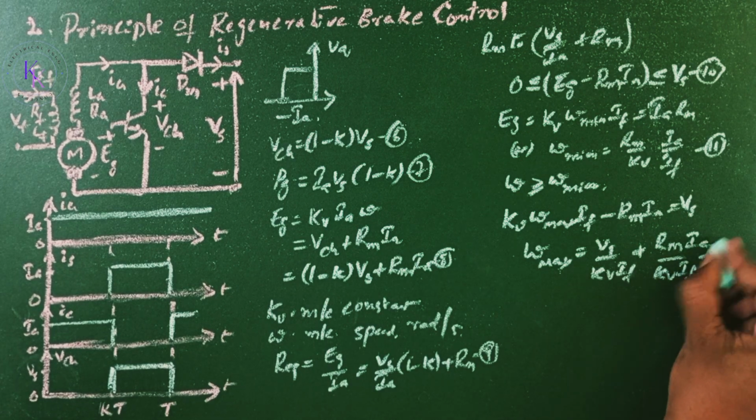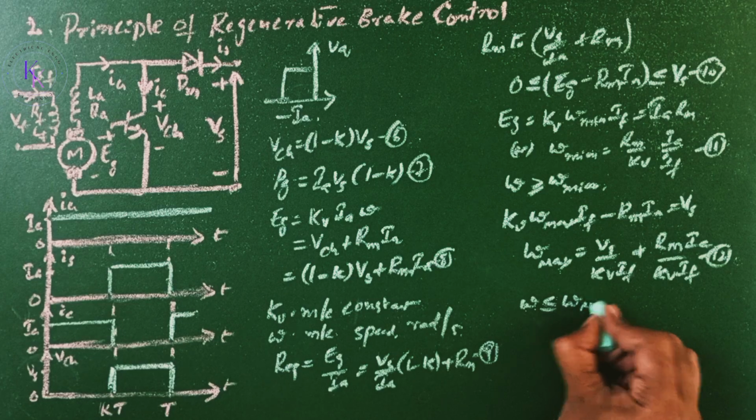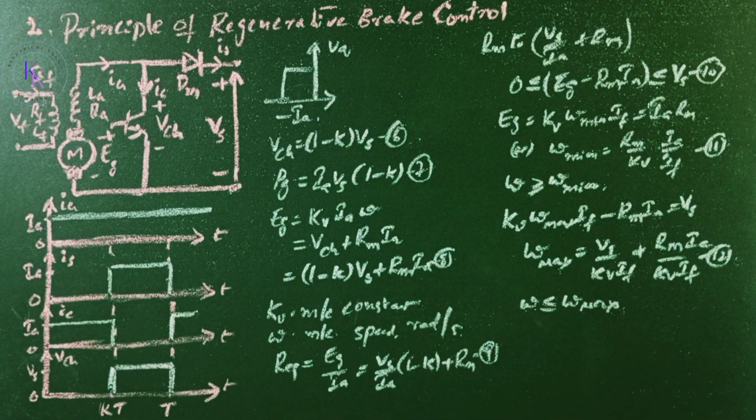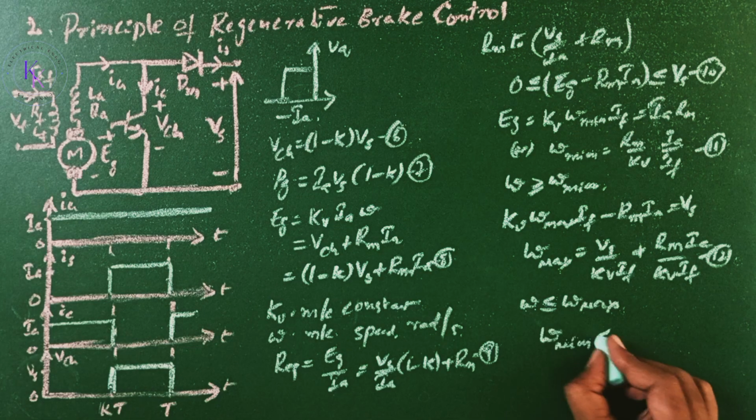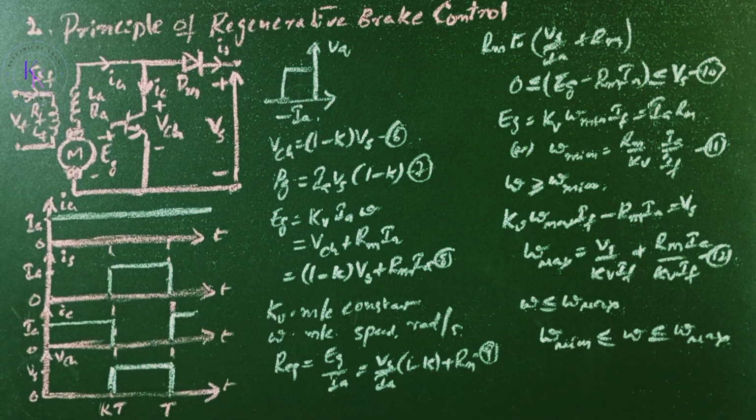Let this be equation number 12. And here omega is less than or equal to omega max. The regenerative braking would be effective only if the motor speed is in between these two limits, that is omega minimum less than or equal to omega less than or equal to omega maximum. At any speed less than omega minimum, an alternative braking arrangement would be required.